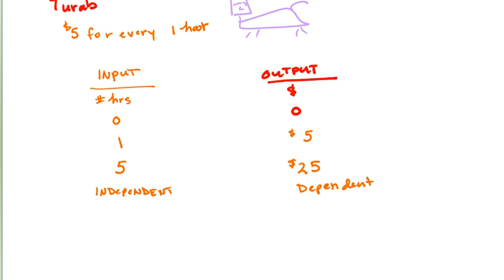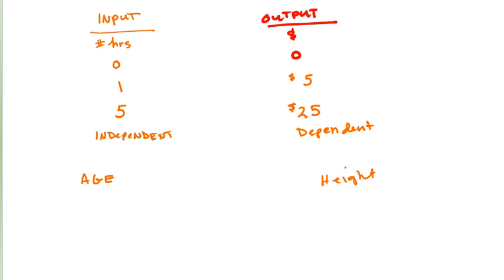Another example of a relation might be my age and my height. Age 13, let's say I was 5'3".